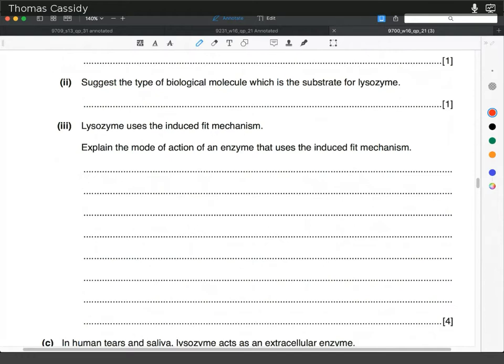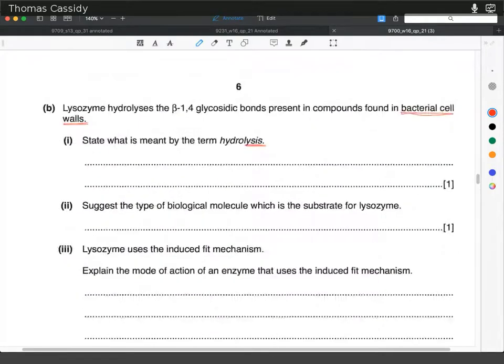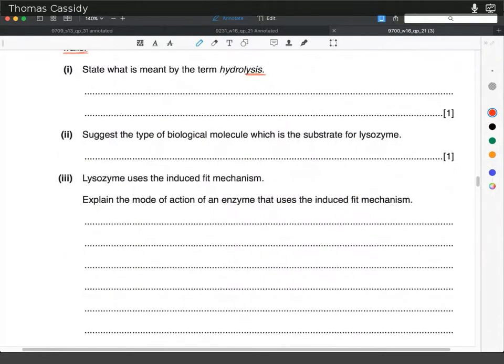Just to make sure we're hitting all four of our marks here, so 3b part 3. We're getting a point for saying that the shape is not completely complementary with the active site, so it's not quite the right puzzle piece.